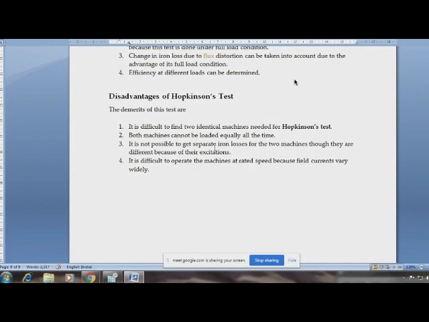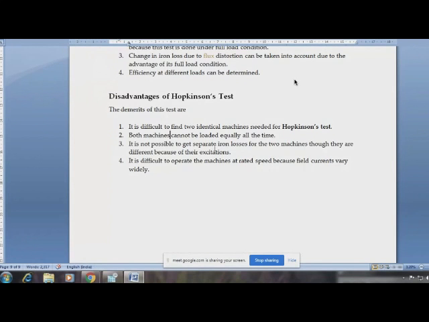Yes, sir. Number four, it's quite difficult to operate machines at rated speed because field currents vary widely. Yeah, that is true. Because of the armature reaction at full load, the total flux will come down, and because of the commutation problem also, the flux will not be absolutely constant.